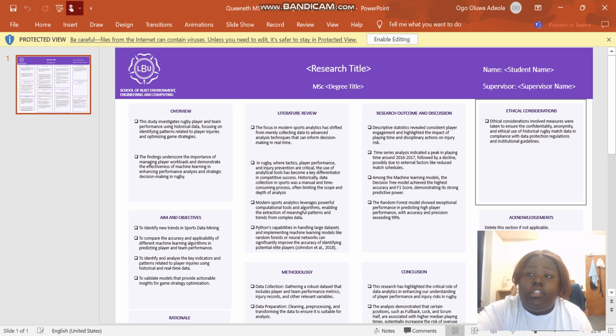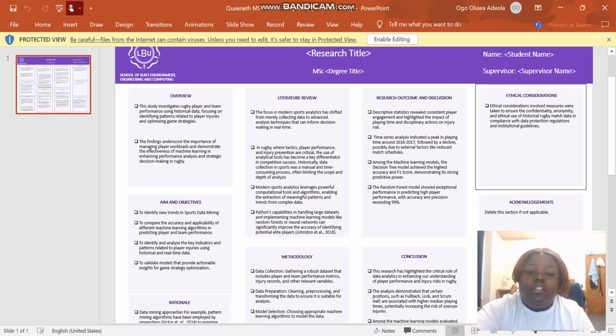Various methodologies were used in this project, and the first one is called data collection. I sourced my data from Kaggle, where after downloading the data and getting it approved, I went ahead to clean the data and preprocess it, ensuring that the data was suitable for the analysis.